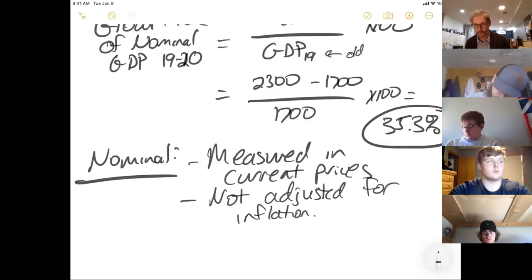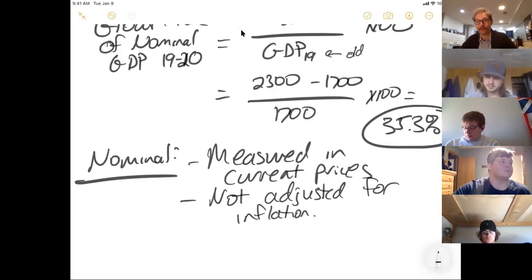Measured in current prices and not adjusted for inflation. So the problem with nominal GDP is that changes in price can overwhelm the changes in quantity so that we can't exactly tell what's going on.